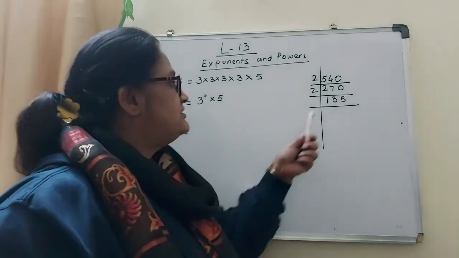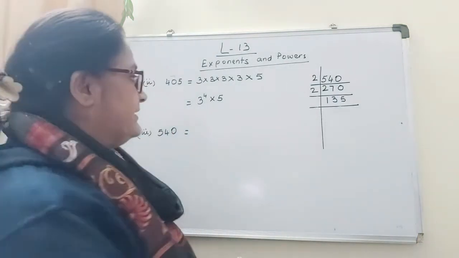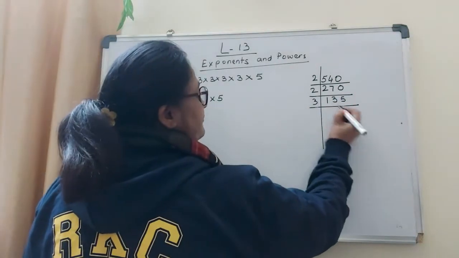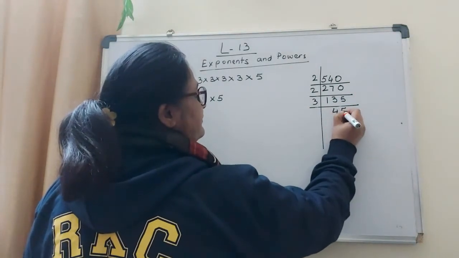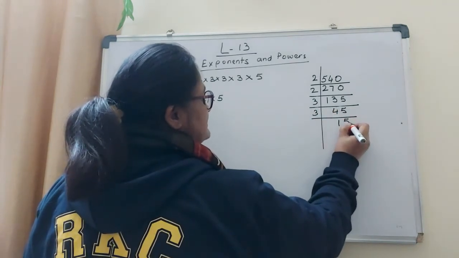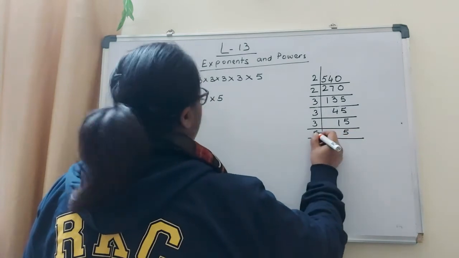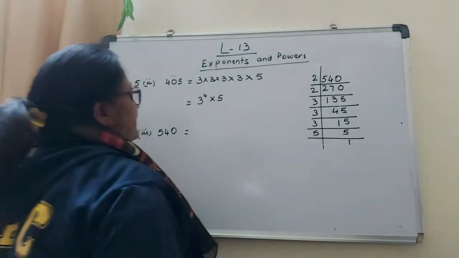Check the divisibility of 3. 5 plus 3 is 8, 8 plus 1 is 9. So it can be divided by 3. 3 fours are 12, 3 fives are 15. Again with 3. 3 ones, 3 fives. 3 fives, 5 ones.